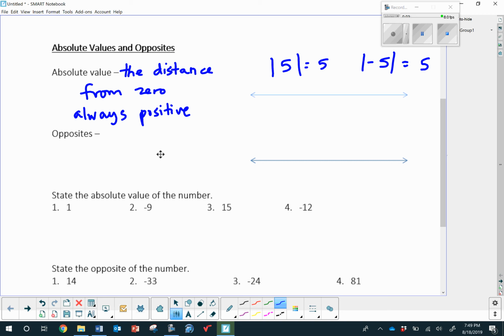All right, so similar to absolute value, but a little bit different, are called integer opposites. And so the opposite of a negative is simply a positive.